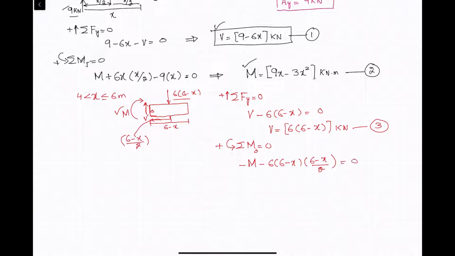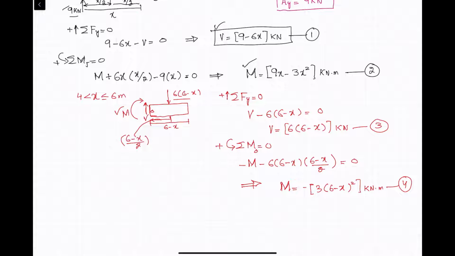Their sum must be equal to 0. So from here you will get the moment equation. If you simplify it, it will be equal to minus 3 into 6 minus x whole square, and the unit will be kilonewton meter. Let this be equation number 4.